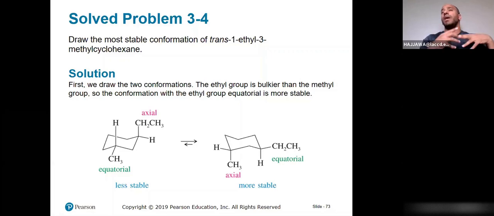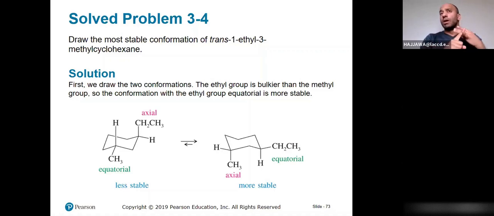The second, be able to draw all the axial position bonds and all the equatorial position bonds. Third, the rule when it comes to chair conformation ring flip: the group that's axially positioned in one is going to have to go equatorial in the second. The one that's equatorial in the first is going to have to go axial in the second.